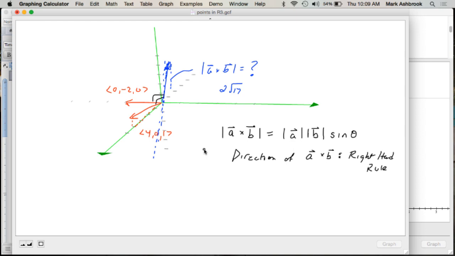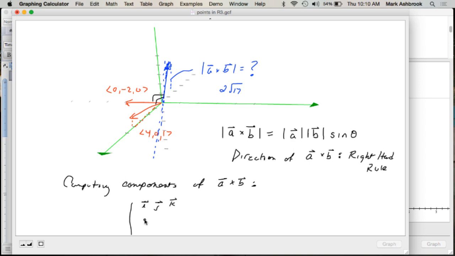Well, it's actually the determinant, so computing the components of A cross B. What we do is we find the determinant of the 3 by 3 matrix where the first row is our unit basis vectors.